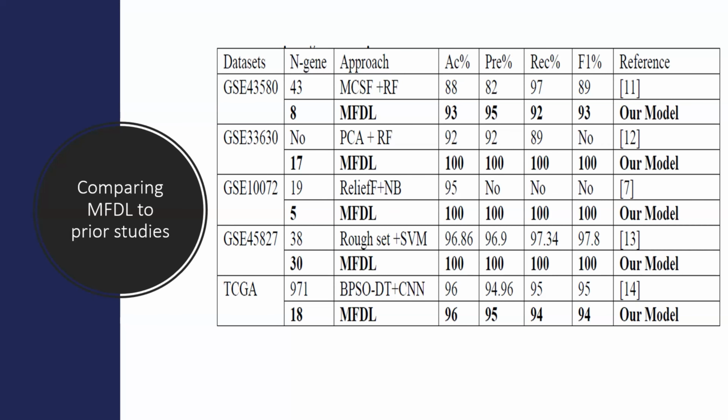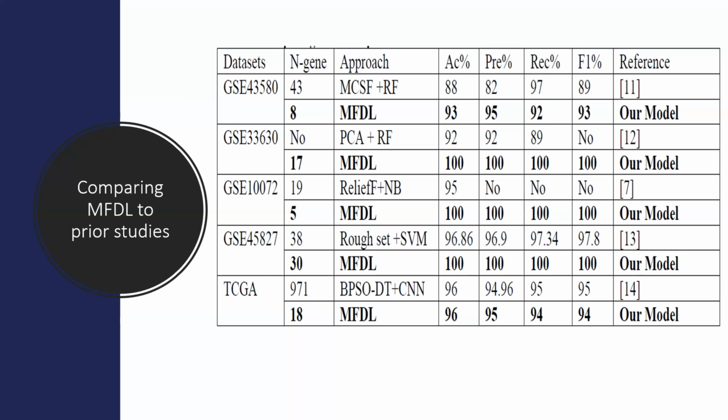As for the second study, it doesn't mention how many genes were used as identifiers for training their model. However, our model achieved higher accuracy as well.